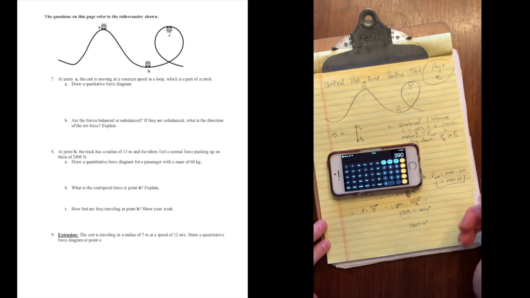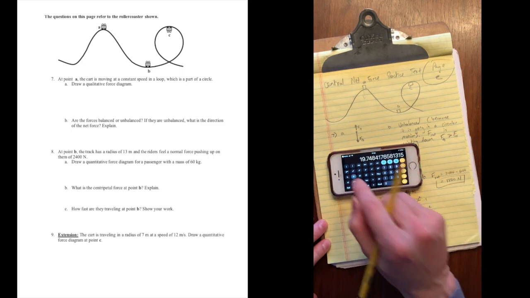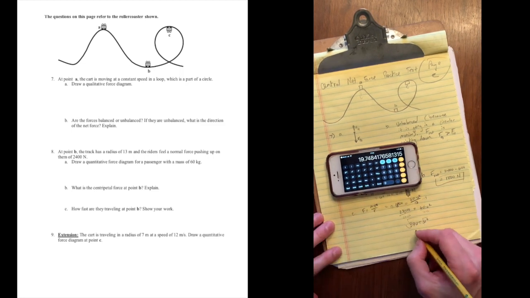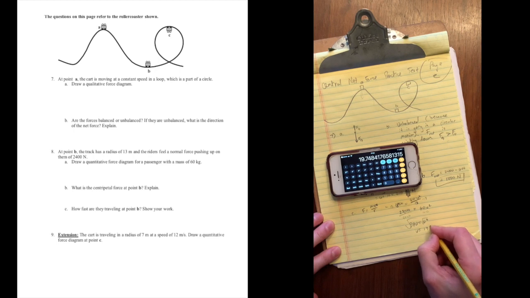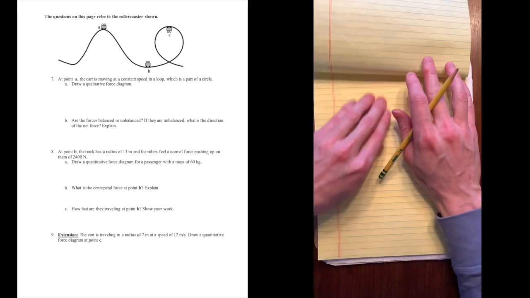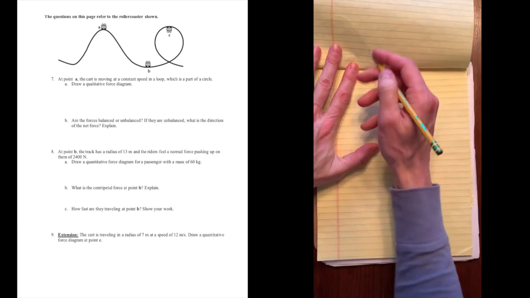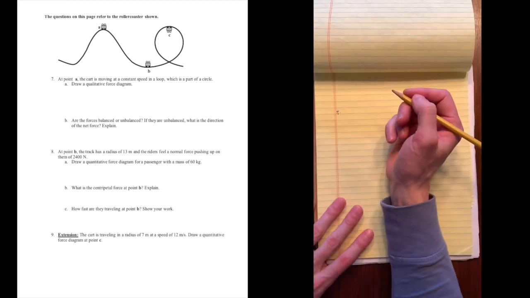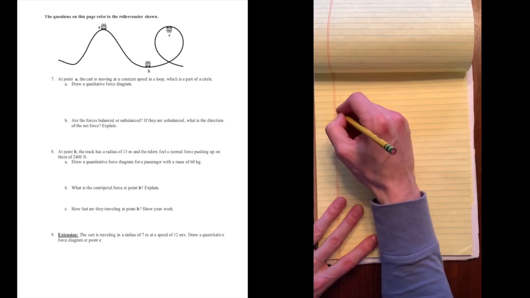And then I have to square root. So when I square root both sides, velocity is 19.7 meters per second. And I'll just do 9 on the next page. Oh, sorry, 9. That was 8.